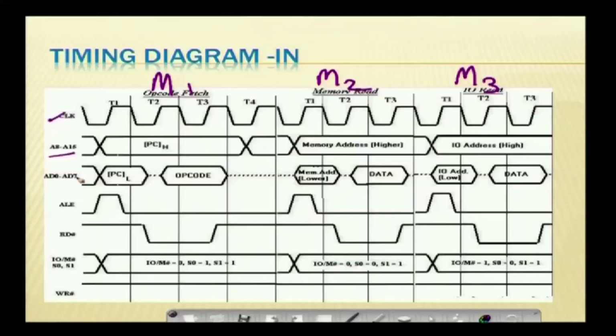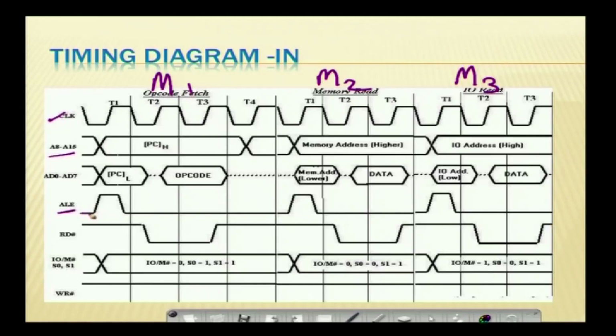For that we are using a latch, which is an octal latch. Octal means an 8 bit latch we are using to demultiplex. So, AD0 to AD7 are connected to the latch, then it will separate the address lines and data lines. To separate, we have to use the ALE signal to enable the latch. After enabling the latch, it will give only the address lines, otherwise it acts as data lines.